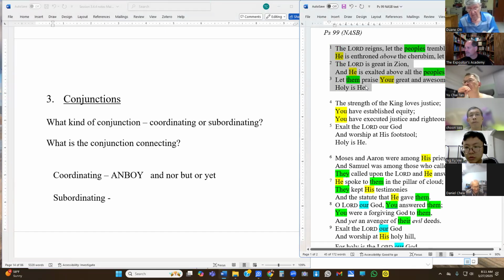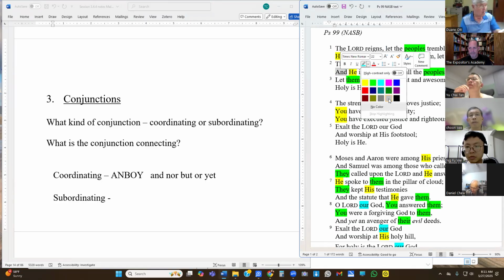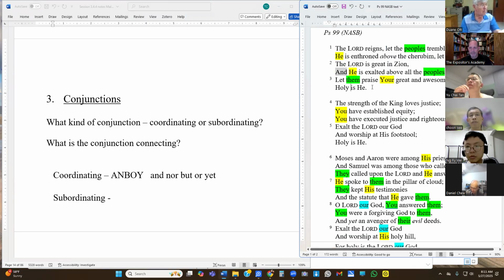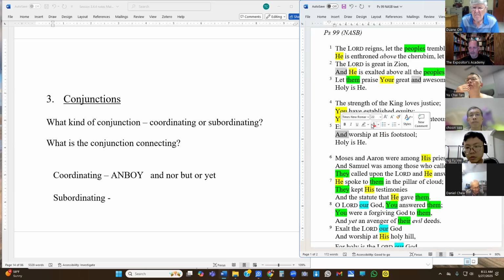Yeah, we have in verse 2, there's an and he is exalted. And also in verse 3, there's another and. Yeah. And we'll see that all the way through the psalm, and is used quite regularly.